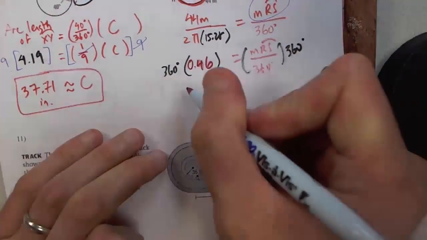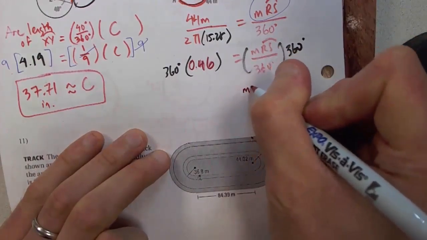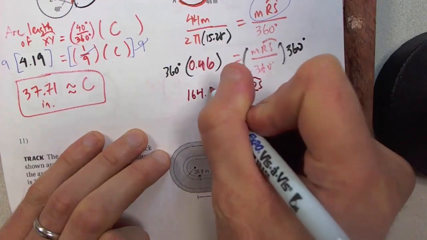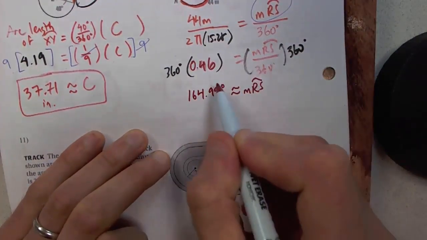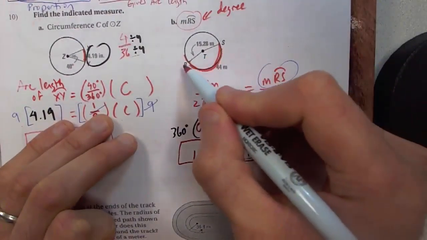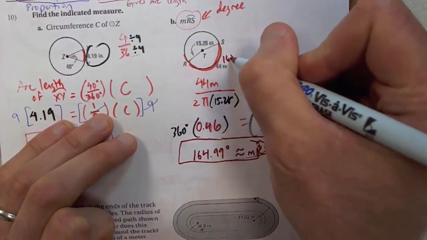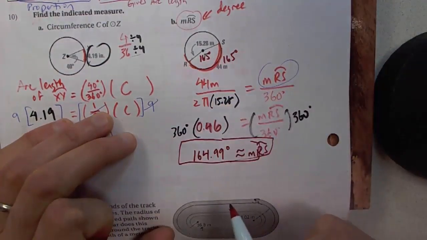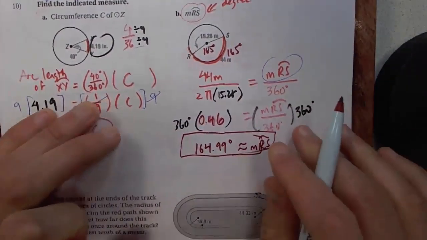So the measure of arc RS is approximately 164.99 degrees. So about 165 degrees, right? So we can see this right here is about 165 degrees, because central angles are the same measure, not the same length.